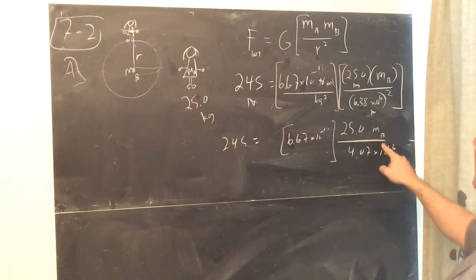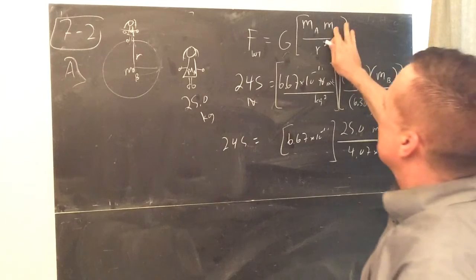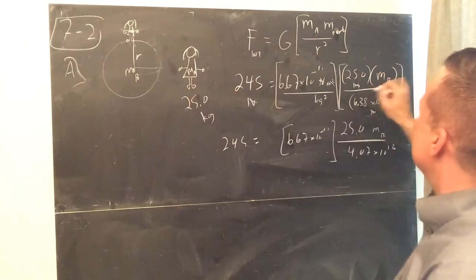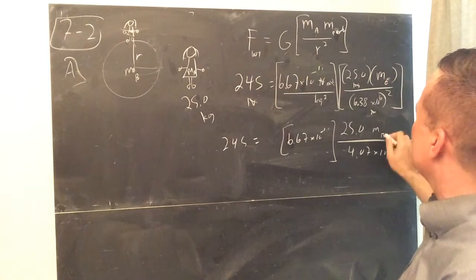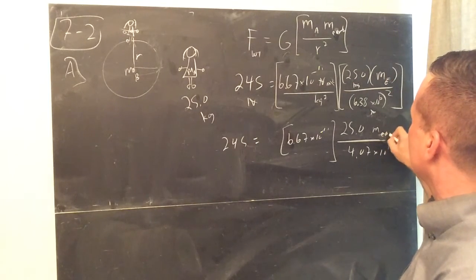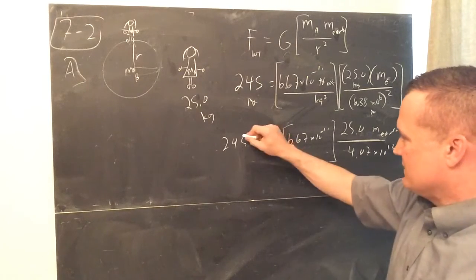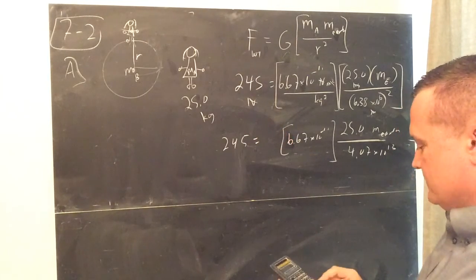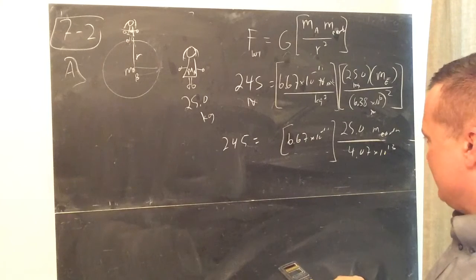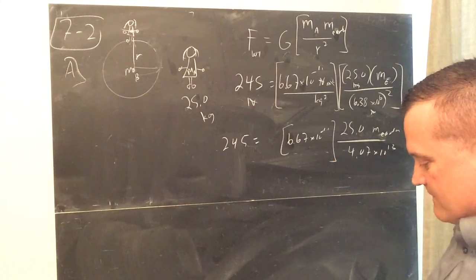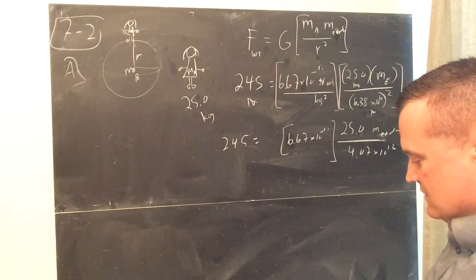So we're solving for MB. I could have gone back up here and called that M Earth, and that would be M of the little girl, A, but oh well. Call it ME or M Earth. So let's calculate that. Sorry for the messy writing there too. First, 245 divided by 6.67 × 10^-11.